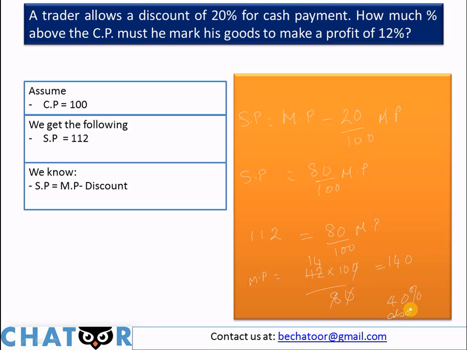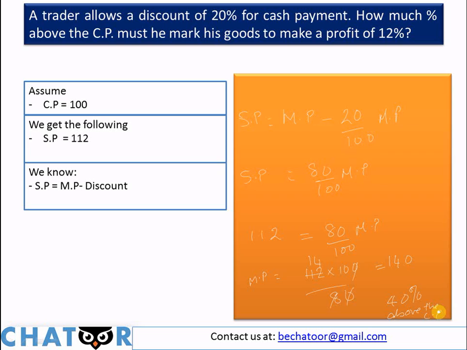Now one thing I have always seen is they might have an option of 140 waiting for you. The question stem is very important. How much percent above the CP? If the CP was 100 and the MP was 140, he must mark his goods 40% above the CP. That's the question.